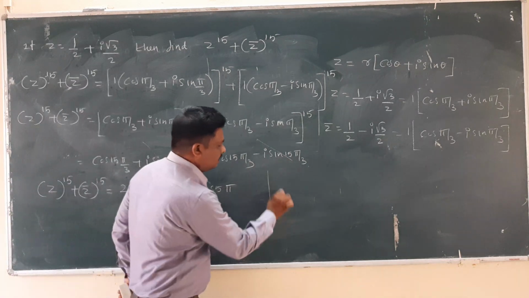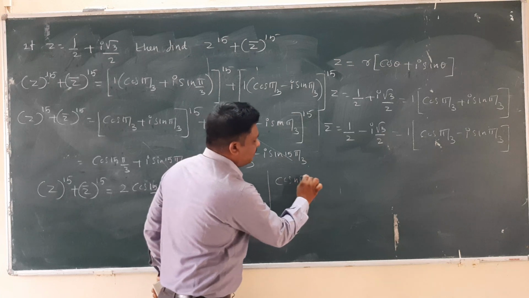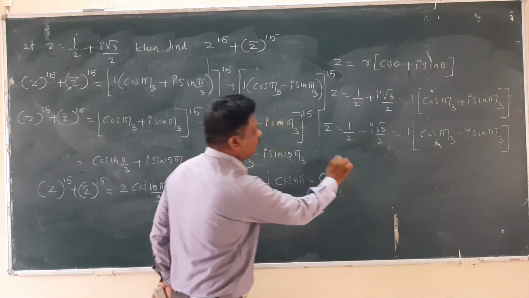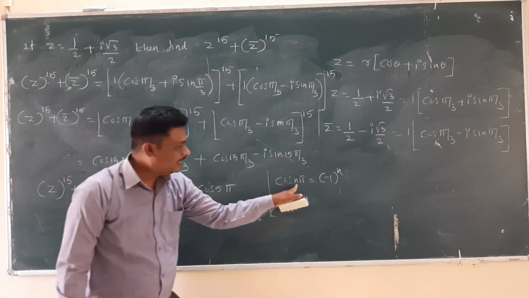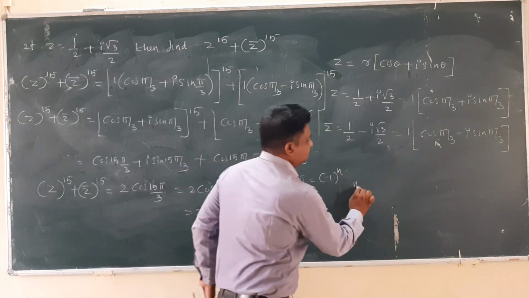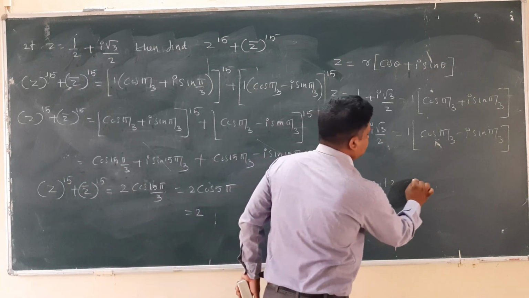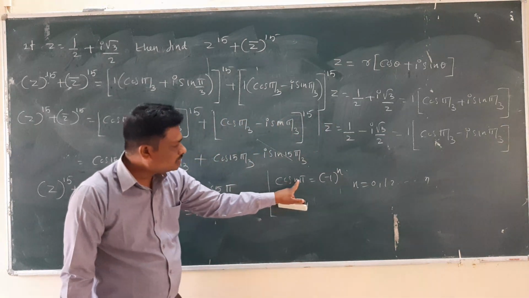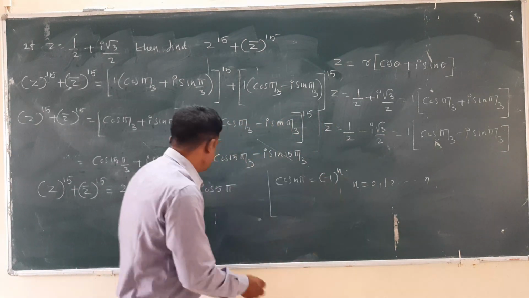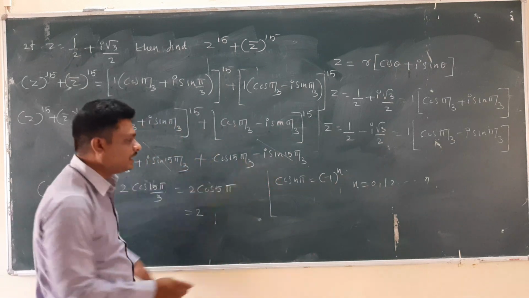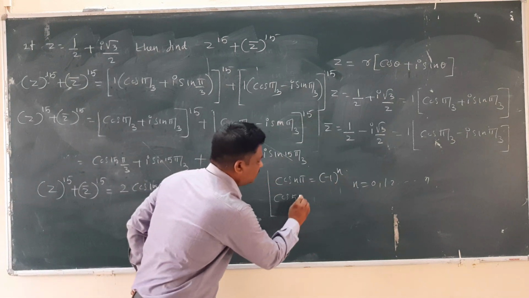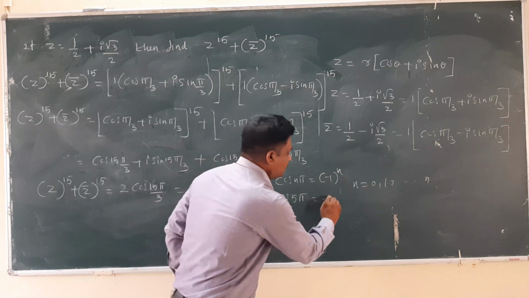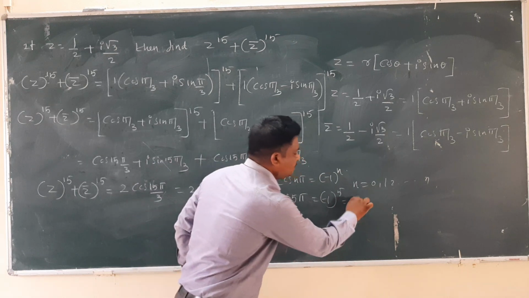We know that the value of cos n pi is (minus 1) raised to n, where n is a number starting from 0. So put n equal to 5 here. So cos 5 pi becomes (minus 1) to the power 5, which is minus 1.